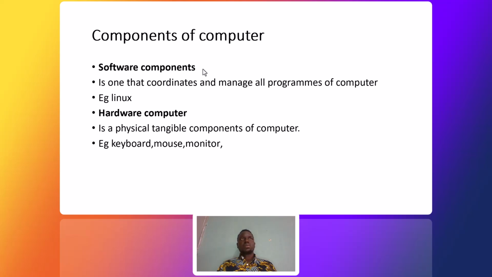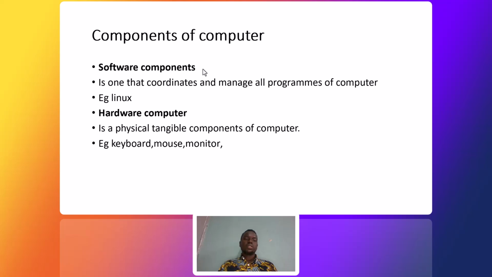We can take Linux as an example. Linux might be very hard, but the quickest example I can give you is Windows. Those are the software; they manage and coordinate all the application programs of the computer.